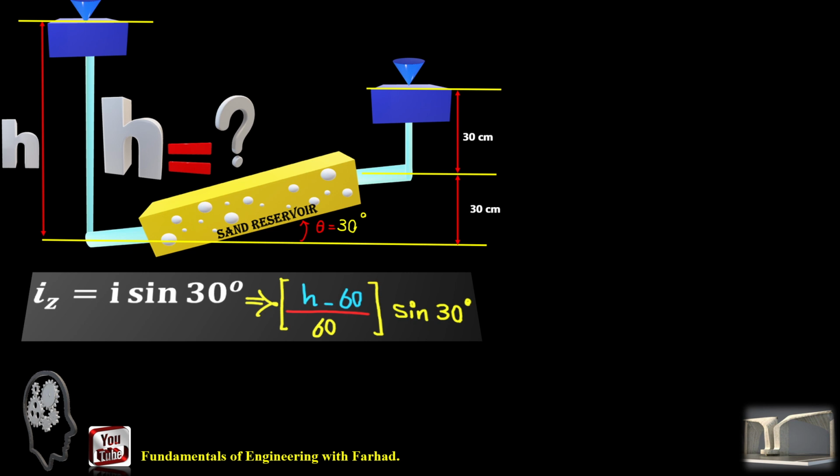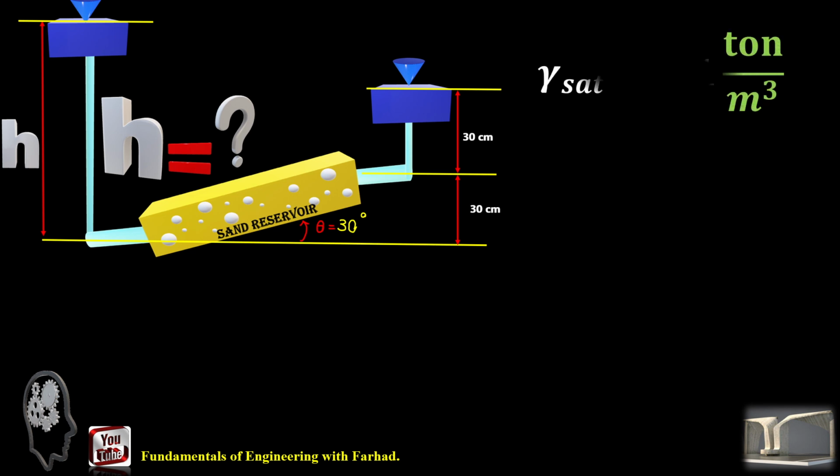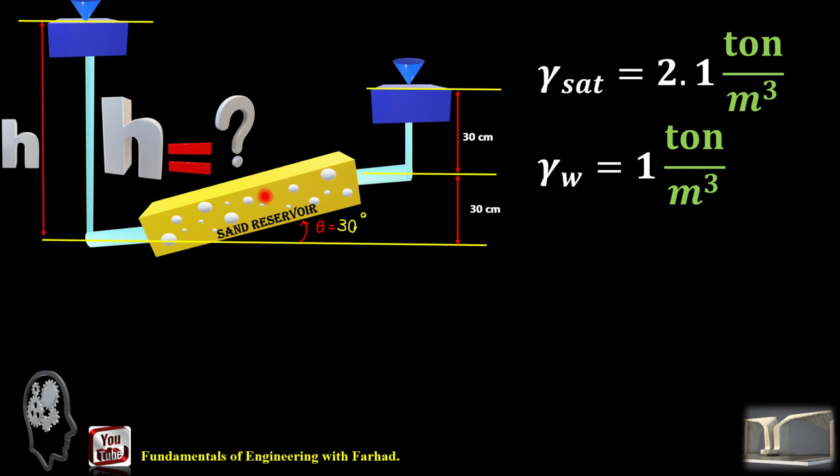So that's H minus 60 over 60 times sine of 30, which is equal to cosine of 60, and that's 1 over 2. And from the problem statement we have the saturated unit weight of sand inside the reservoir, gamma of water is 1, and the factor of safety is provided to be 1.